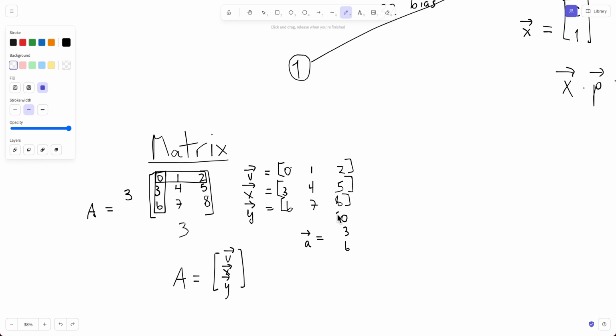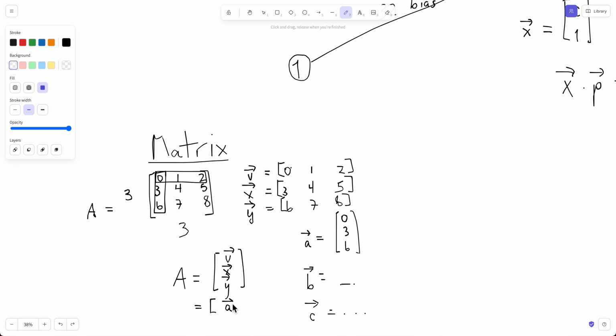So this is one vector. And then I could have B. I'm not going to fill it in, but this B is 1, 4, 7, and another vector C, which would be the 2, 5, 8. So another representation for A would be a row vector that holds on to these column vectors.